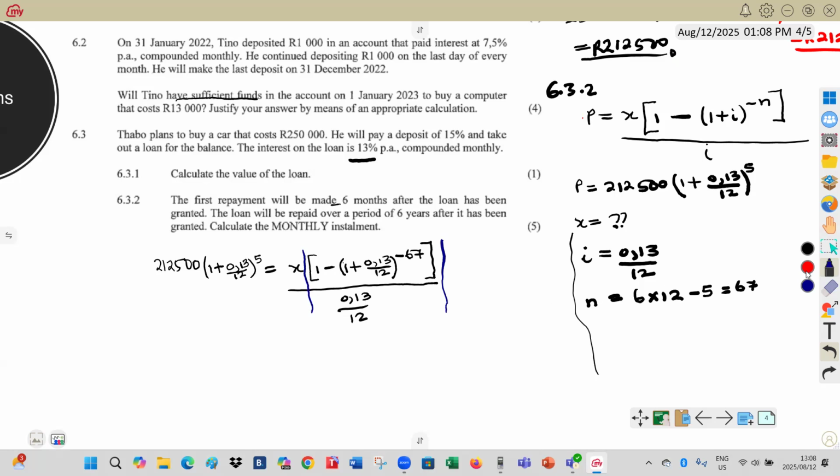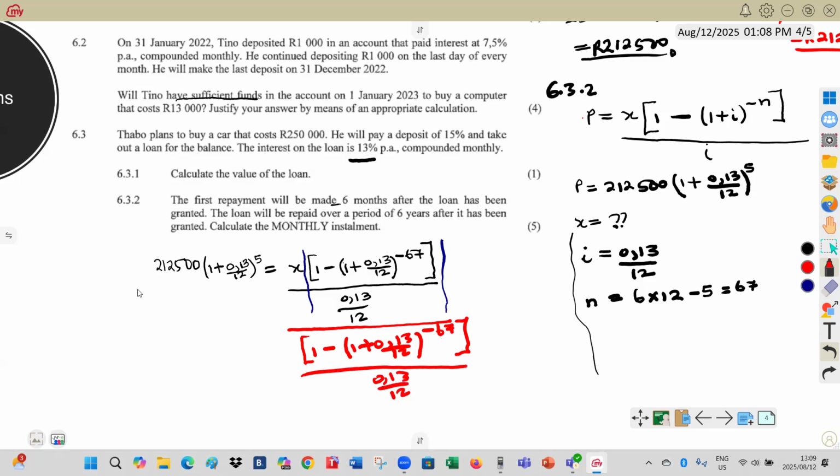So it simply means you come here, divide by 1 minus 1 plus 0.13 over 12 to the power of a negative 67, all over 0.13 over 12.